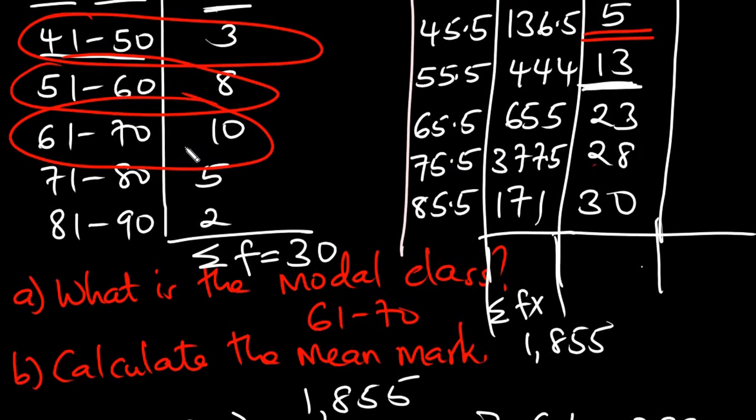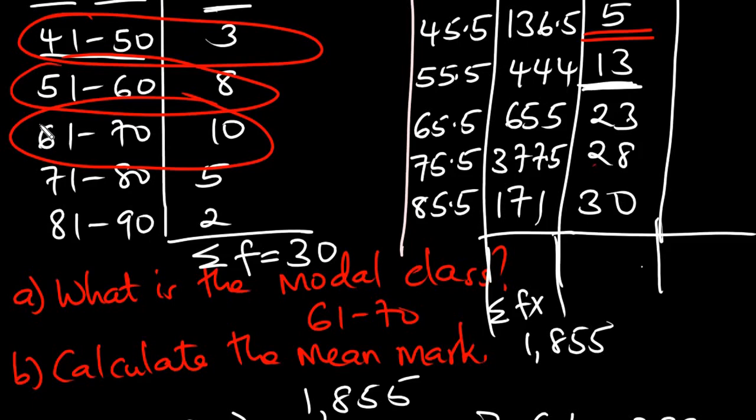Now what we want is the lower class limit of the median class. Each of these classes is bound by limits, the lower class limit and the upper class limit. How do we get the lower class limit?